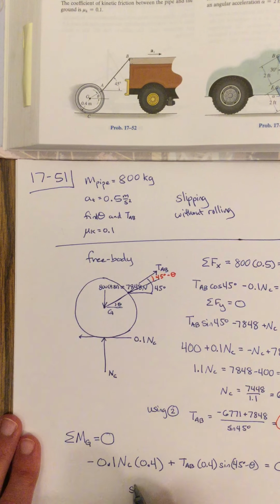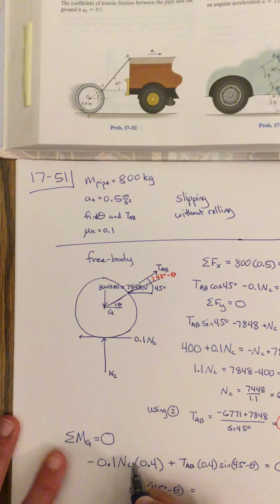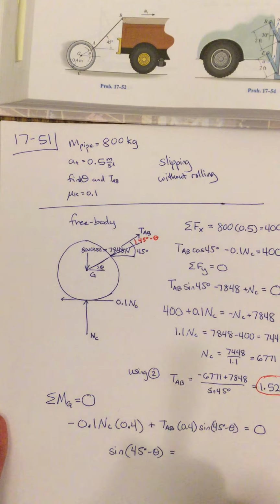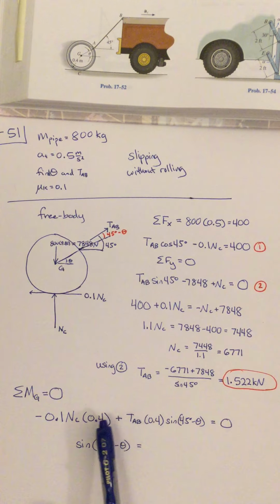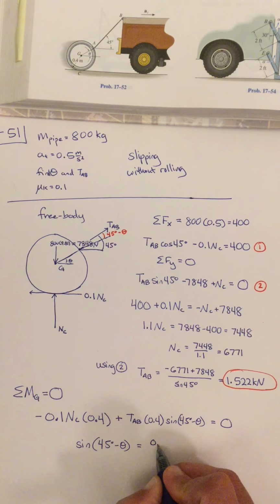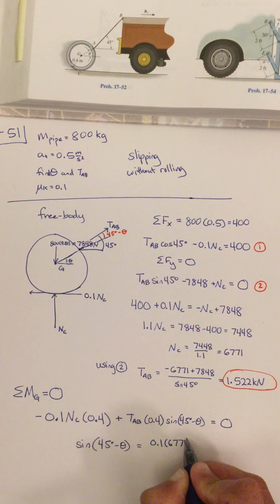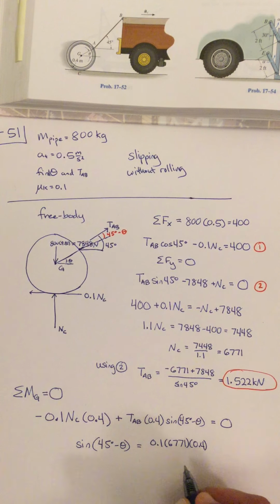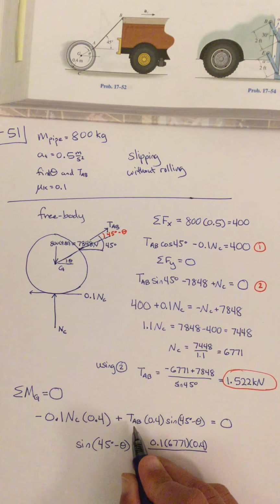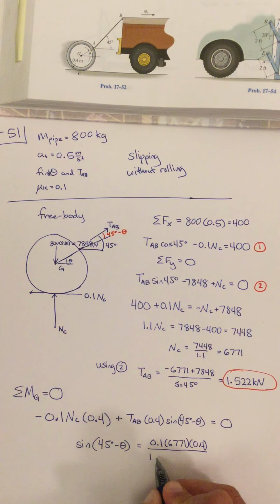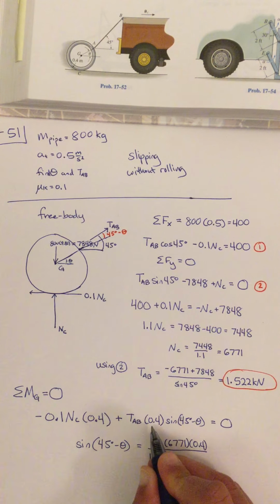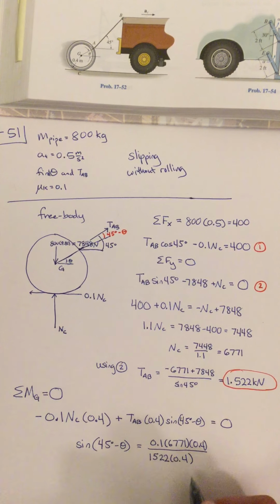So I can say sine of 45 degrees minus theta is equal to, bring this over to the other side and put in 6771 for N_C, so that's on the other side positive 0.1 times 6771 times 0.4, and then divide by T_AB, which is 1,522, and divide by 0.4, and then take the inverse sine of both sides.